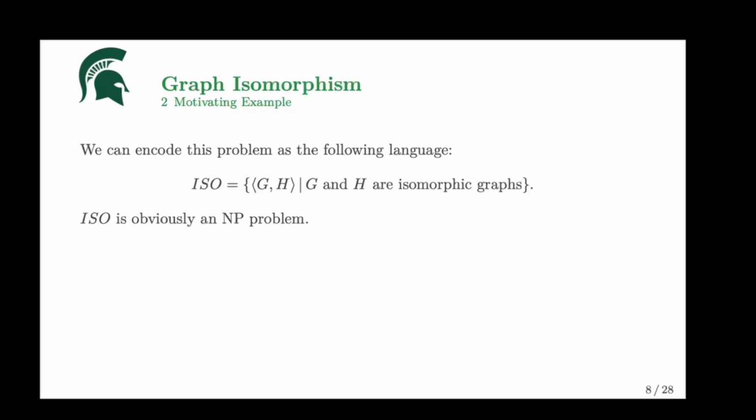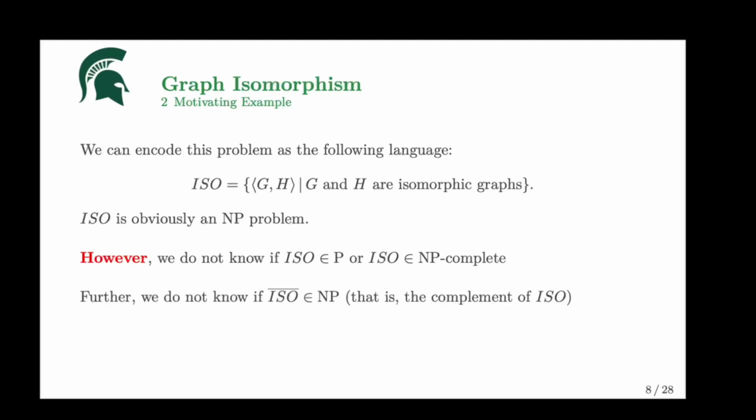Now, the verifier only needs to check that for every edge (u, v) in G, the corresponding vertices in H are also connected. On the other hand, ISO is an interesting problem, not only because it forms a good foundation for interactive proof systems, but also because it's one of the few known problems that is neither known to be in P nor NP-complete.